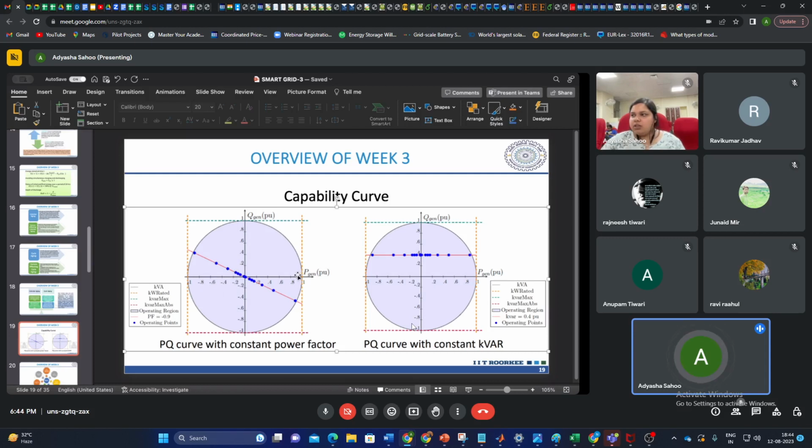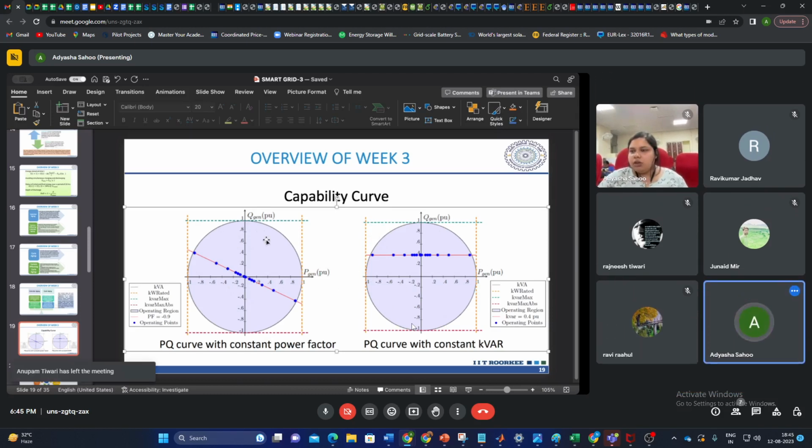But for batteries, as we discussed, they can charge or discharge. Basically, when they are charging, they are load, and when they are discharging, they are generators. Similarly, they can also inject or consume Q according to the requirement. So both these round capability curves we can see here are for storage or batteries.